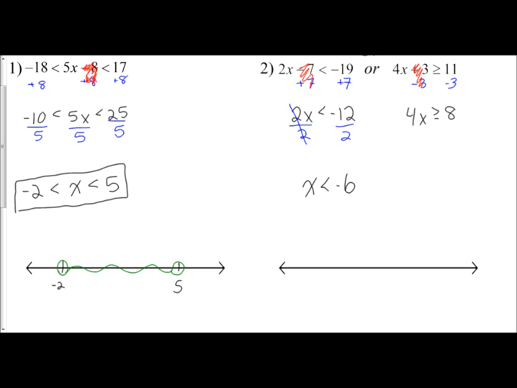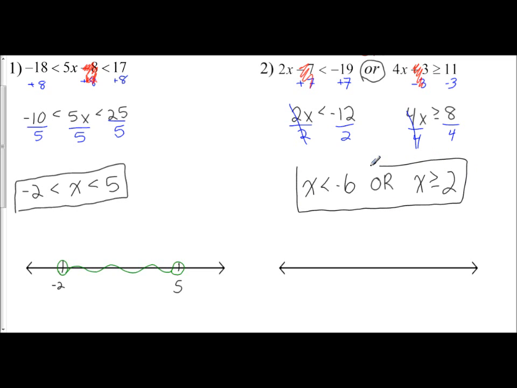And then I would divide everything by 4. And that gives me x is greater than or equal to 2. So my final statement is x is less than negative 6. We have the or, we're just going to bring down, or x is greater than or equal to 2.